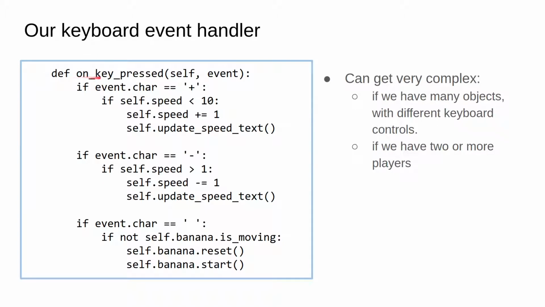If we have a game with many objects that interact with the keyboard controls, then we need to keep updating this function. And if you have a bunch of objects looking at the keyboard events, having code like this is going to be really messy. This function will get longer and longer, and at some point it will be extremely hard to maintain. We will fix this by using the observable pattern.